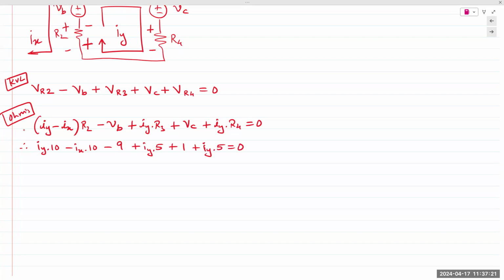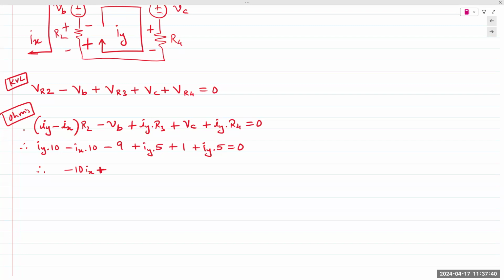Rearrange the terms, reduce it, and you obtain an expression: minus 10 times IX plus, now IY flows through 3 resistors.